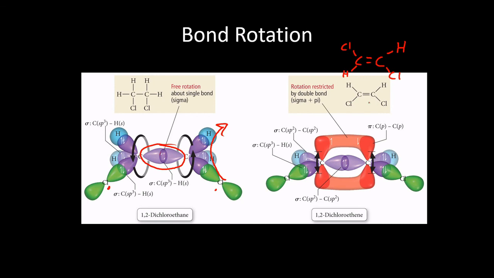Because here, the two chlorines are on the same side, and here they are on opposite sides. And so we actually do have to specify that, because those are going to have slightly different properties, and they're not allowed to move because of that double bond. So the difference between pi and sigma bonds is actually significant.